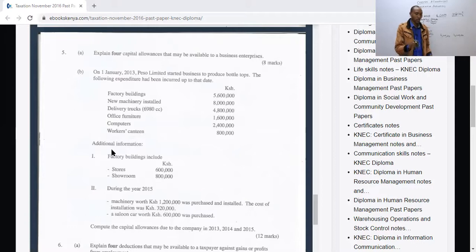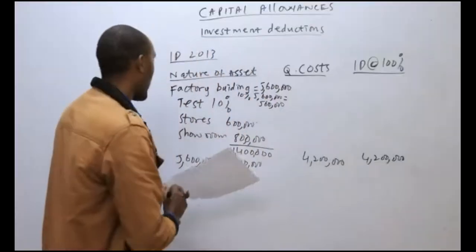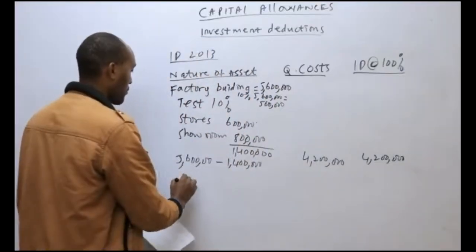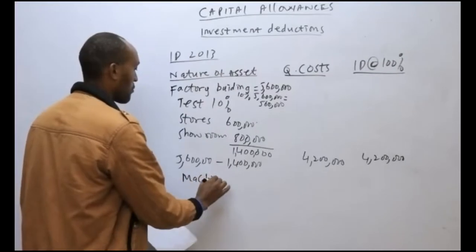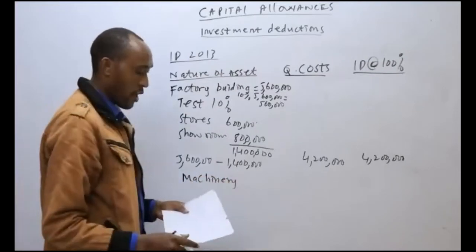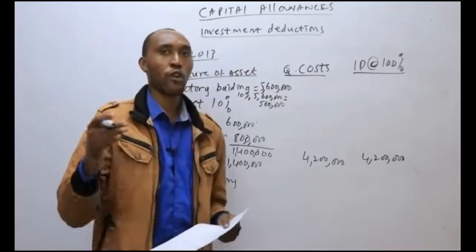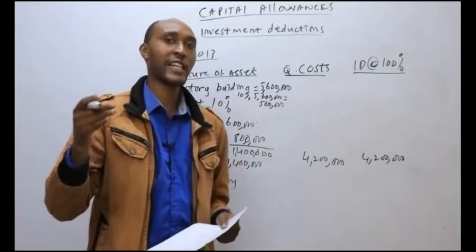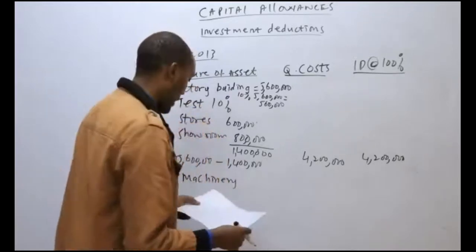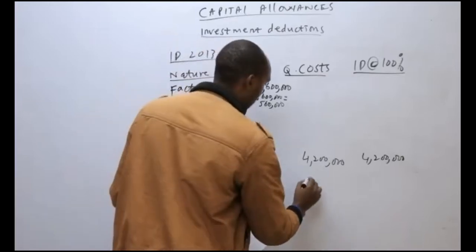So according to 2013, we only have new machinery which was installed. So we come here and we write machinery. Okay, so the qualifying cost, remember we said the qualifying cost is the cost which was incurred to buy that asset. So it was 8 million.